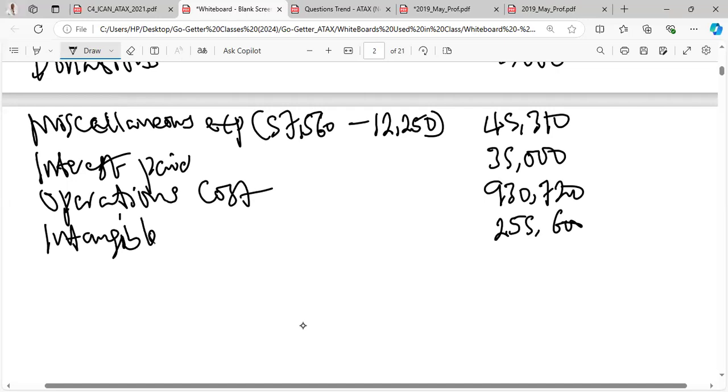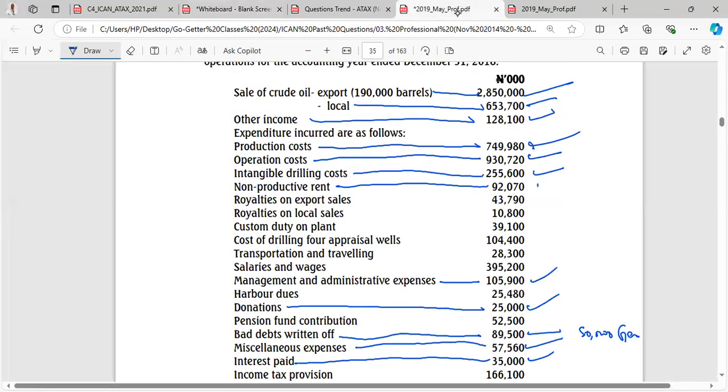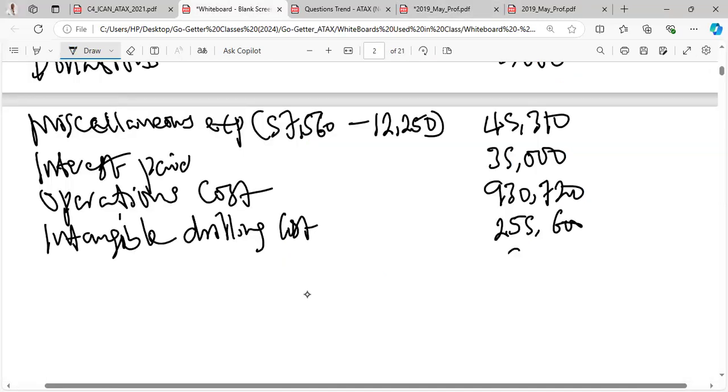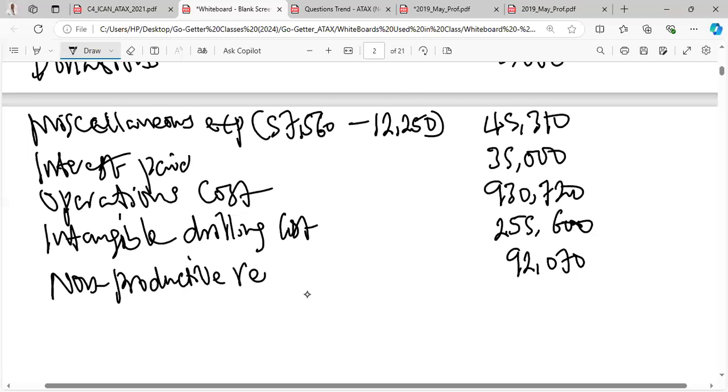This is intangible drilling costs. Then non-productive rent, 9,270. This is non-productive rent. So you may need to know all these allowable and disallowable expenses.